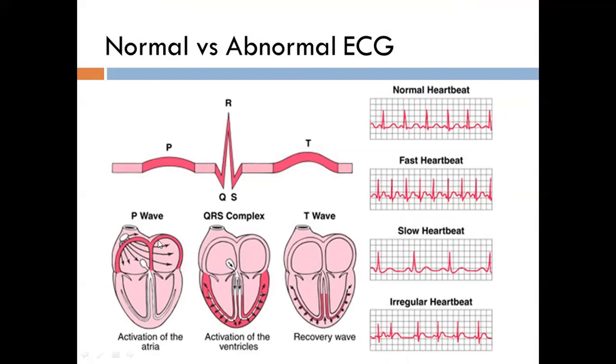The atrial rate is represented by the P wave, and the ventricular rate is represented by the QRS complex. So when we see so many P waves, it means something is abnormal in the atria, right?